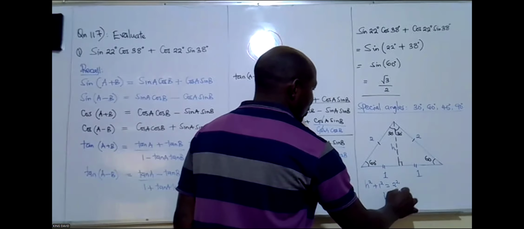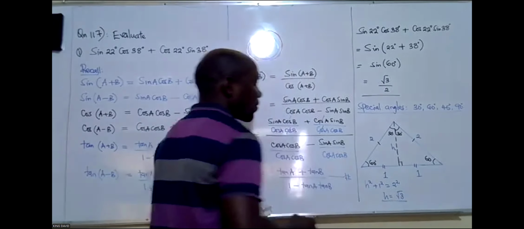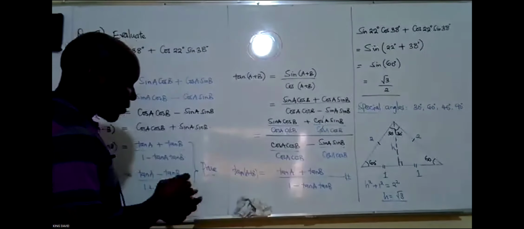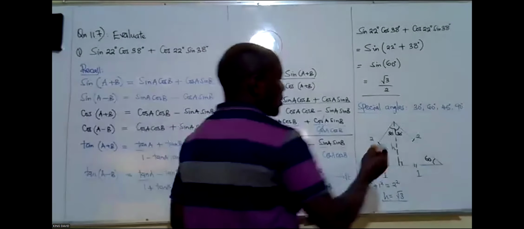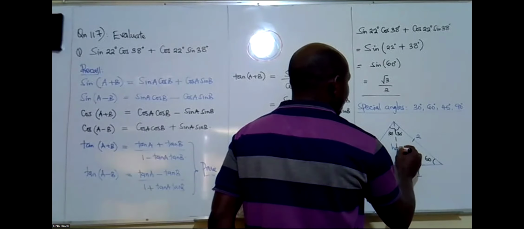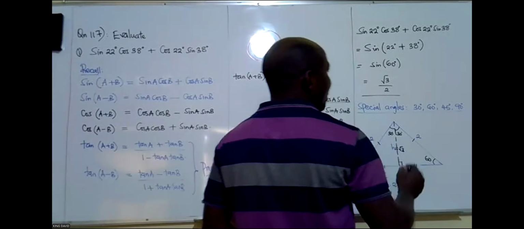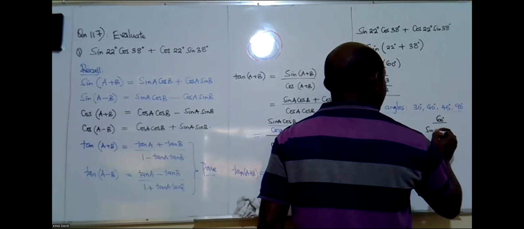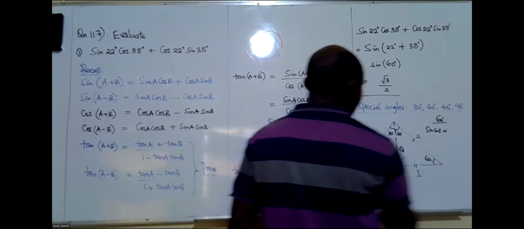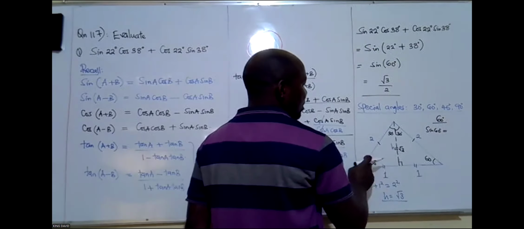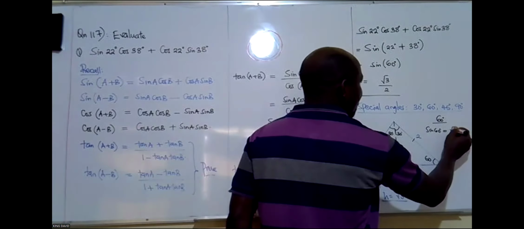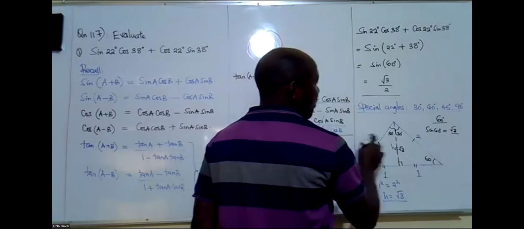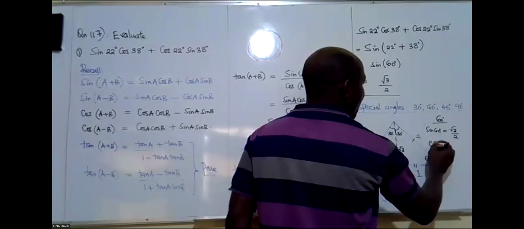This will give us h as the root of 3. So this is going to be equal to root of 3. So in case you want, for example, for 60 degrees, sine of 60, sine of this angle is the opposite, which is root 3, out of its hypotenuse, which is 2.